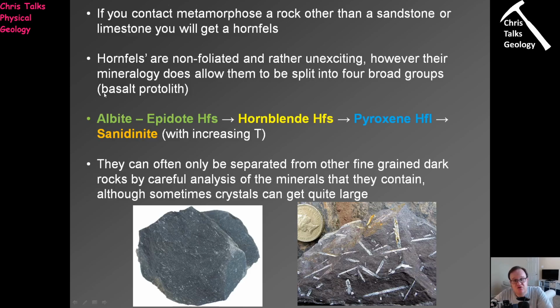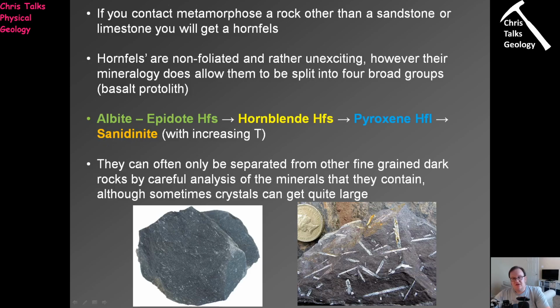Especially when we metamorphose basalt in an environment where we do not have a differential stress, so there's not a compressive force from one direction, the lowest grade of hornfels will be the albite-epidote hornfels. As we increase temperature, we end up with the hornblende hornfels. Increase temperature further, we end up with the pyroxene hornfels. Increase temperature even further, we end up in a sanidinite.